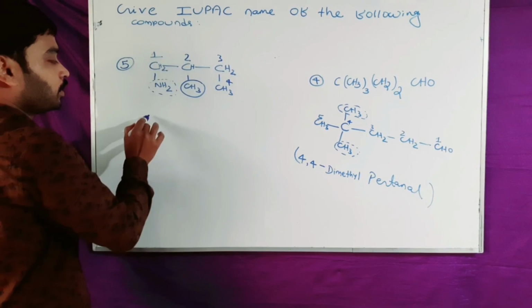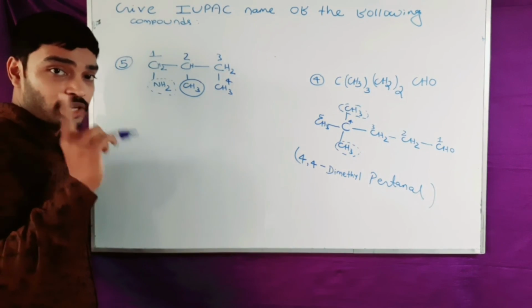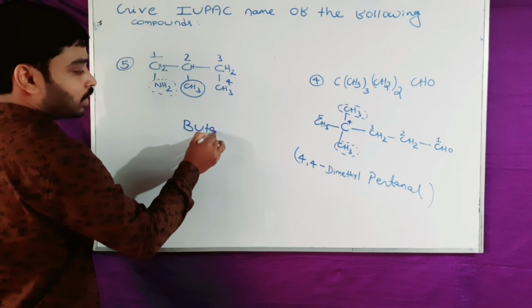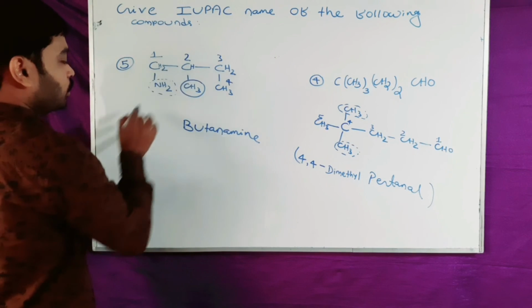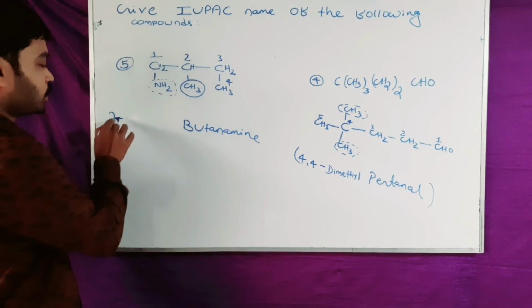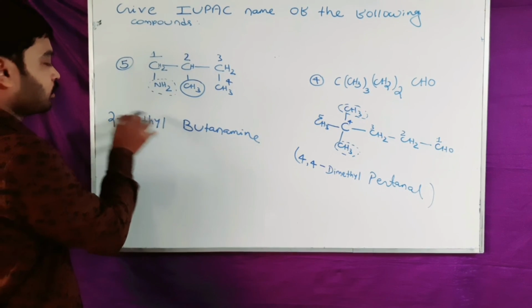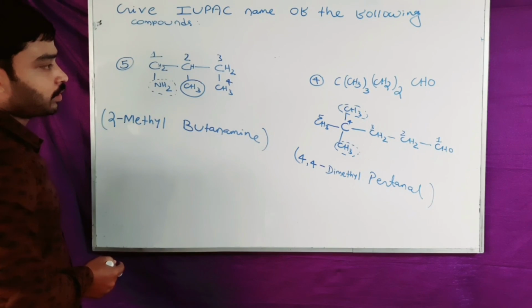It is the amine, and the amine has the IUPAC name alkanamine. So the parent chain name will be butanamine, and the second position contains the alkyl group, which is the methyl group. So the name is 2-methyl butanamine. It is the correct sequence of numbering.